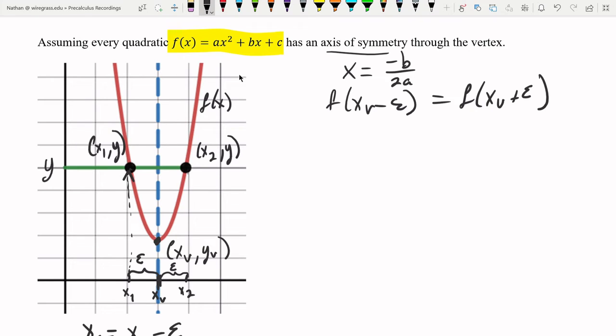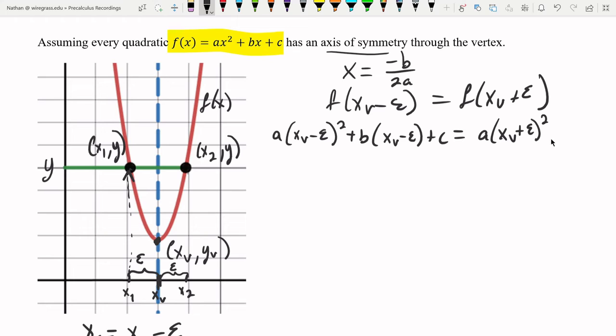And now I can plug it into here. I get a(xv minus epsilon) squared plus b(xv minus epsilon) plus c equals a(xv plus epsilon) squared plus b(xv plus epsilon) plus c.